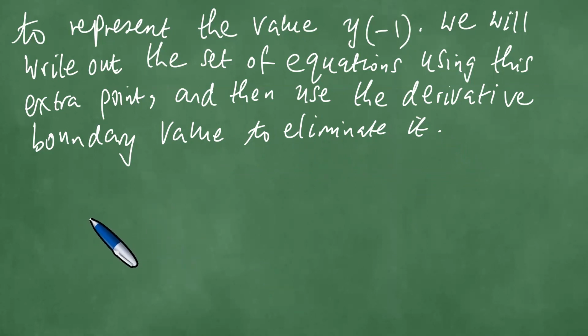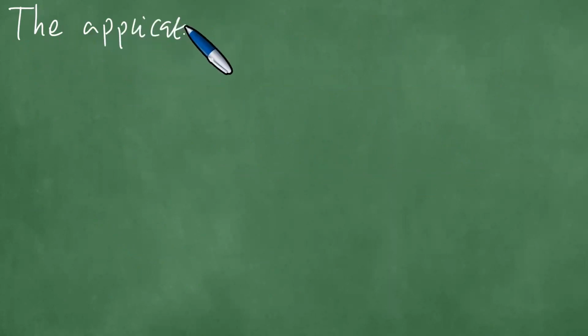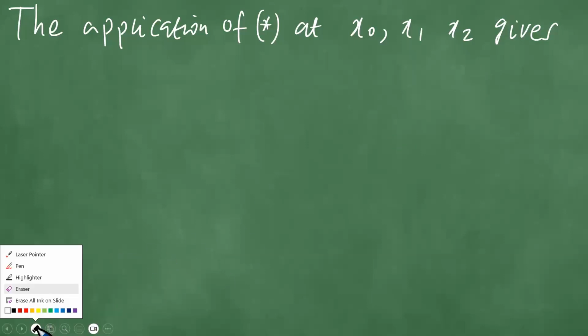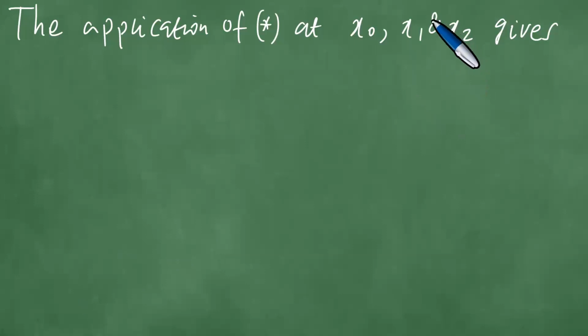The application of star at x0, x1, and x2 gives, okay, you can put an and here, because if you're writing a list, you can say x0, x1, and x2, because these are the only things.